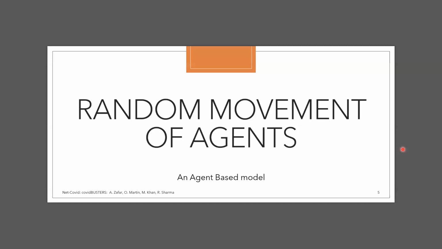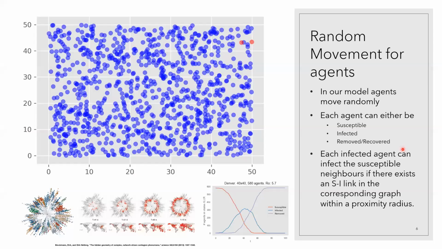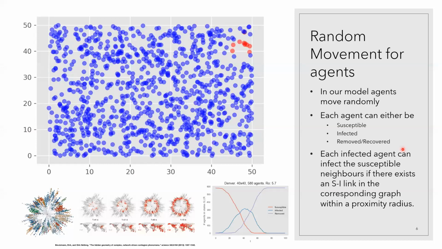Initially each dot was randomly distributed, and they perform a 2D walk across the city, which is represented by this window. I have incorporated this slide from YY's presentation, which shows the ring structure of spread across the network of disease, which can be seen in our model.